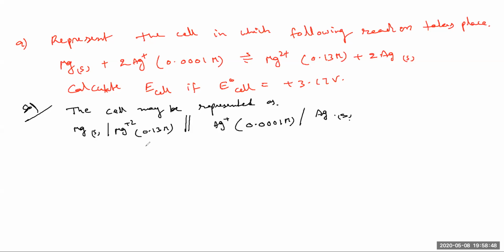So the cell reaction, we already know that one. So from that cell reaction only, what is the Q? Q means reaction quotient. Q is equal to the product of molar concentrations of the products by reactants. That is Mg plus 2 concentration and Ag by, so what are the reactants?